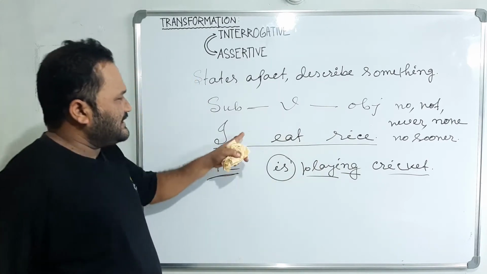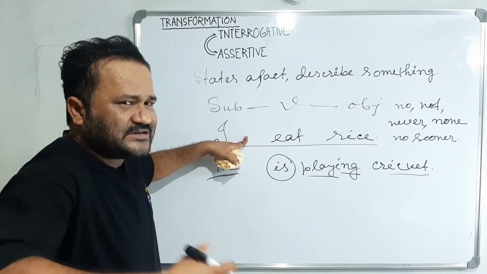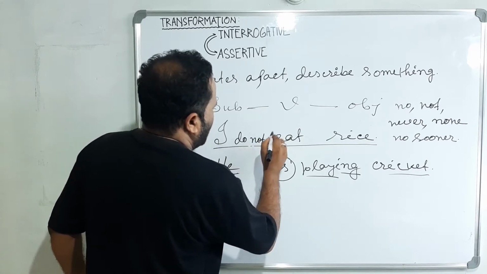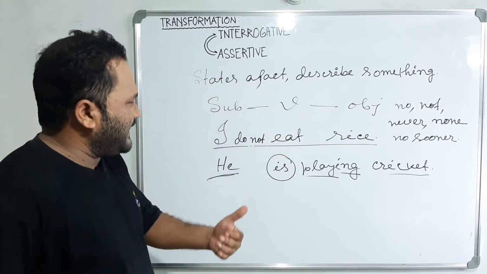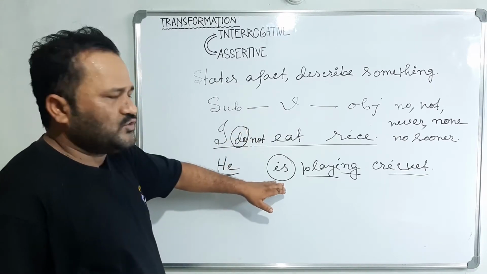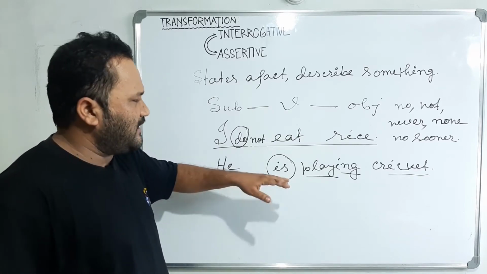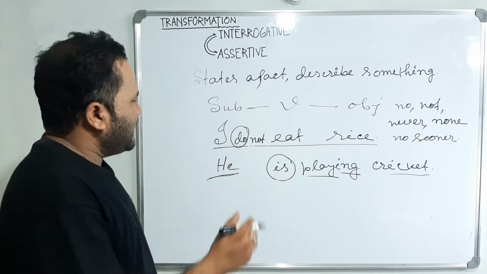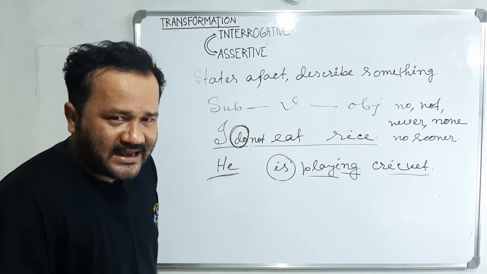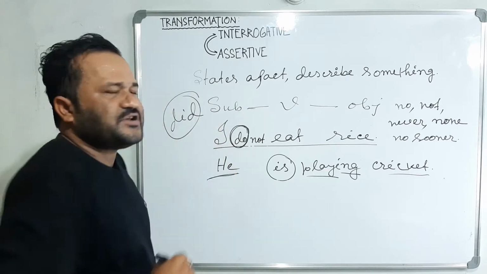If I transform this sentence into a negative sentence, I have to write do not. You know that to make a negative sentence, you have to use an auxiliary verb. If there is no other auxiliary, like be auxiliary, have auxiliary, or modal auxiliary, then you have to bring do auxiliary in present indefinite tense and did auxiliary in past indefinite tense.